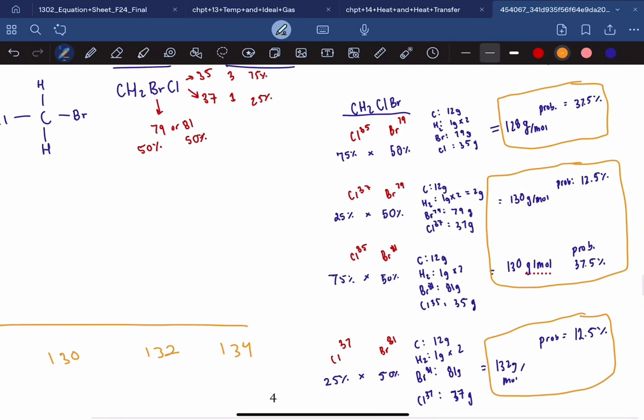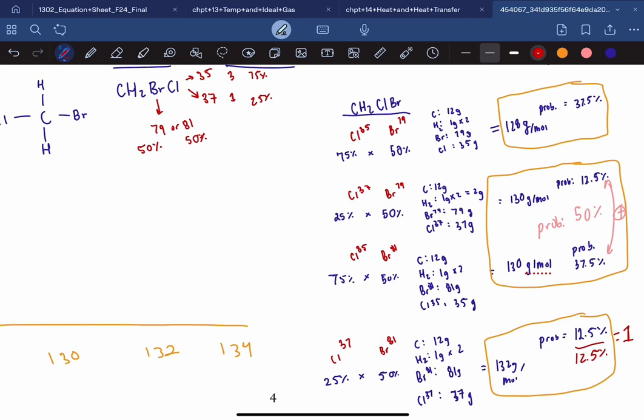So now you just got to look at the ratio between these numbers. So this probability total, by the way, is now 50% because 12.5 plus 37.5 is 50. So now you just need to find a ratio, right? If you have trouble finding ratios, this is kind of like some old math, but you just divide by the smallest number first and see if you get whole number integers.